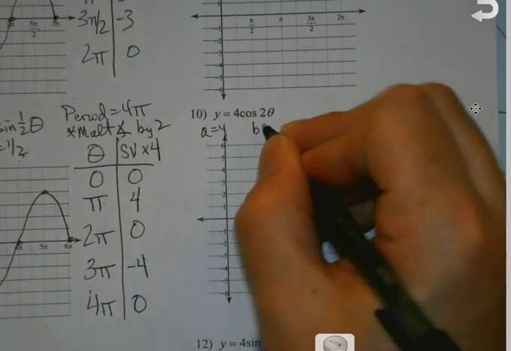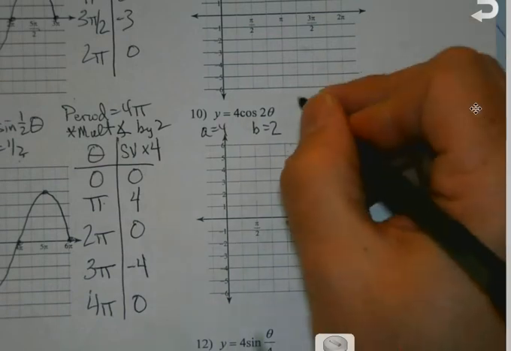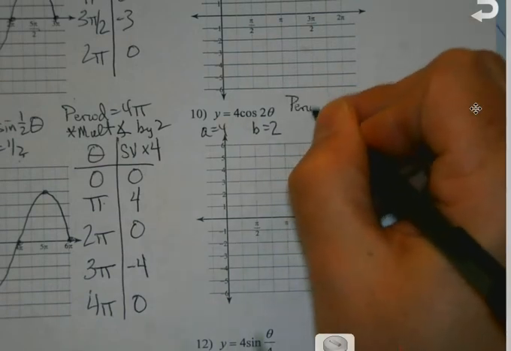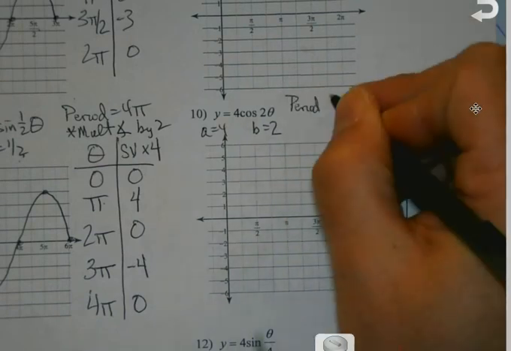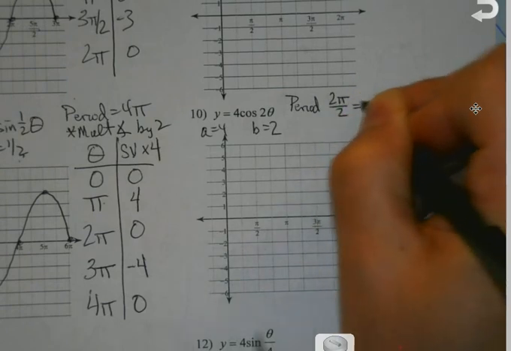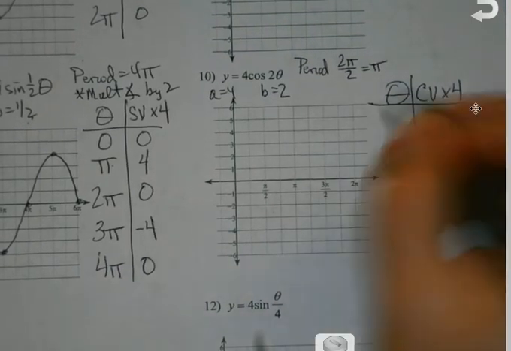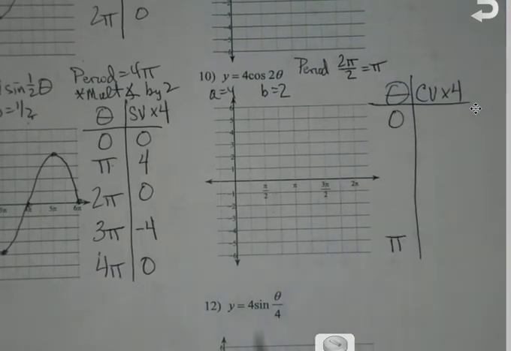Here, my B value is 2. So my period is 2 pi divided by 2, or pi. So it's pi at the end, it's 0 at the start. Now how do I get those other ones again?